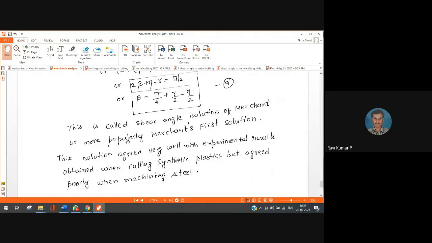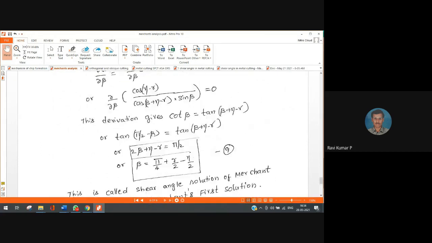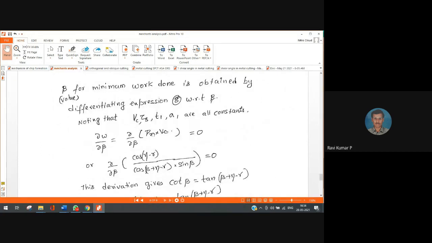So this Merchant's analysis is an important analysis which is performed on metal cutting. So out of this Merchant's analysis, what is it that you gain by understanding this properly? It is possible to predict the value of shear angle, and then it is possible to know what is going to be the work done in cutting.